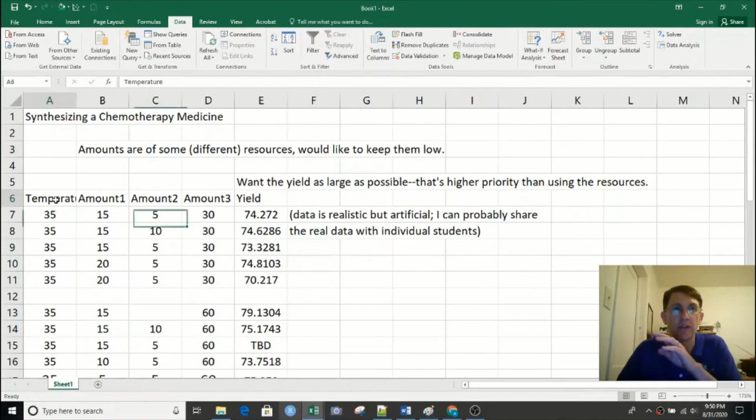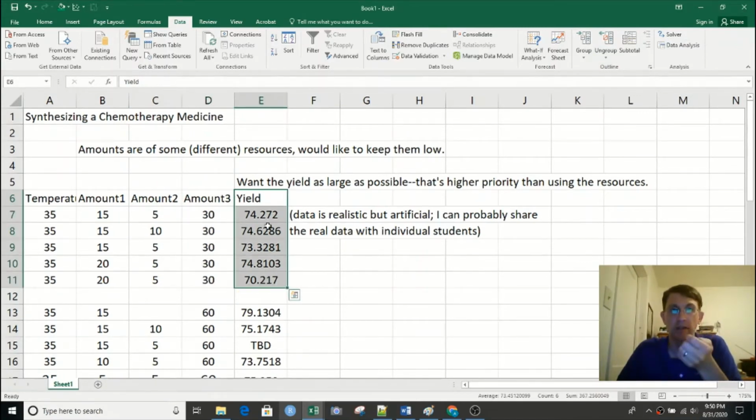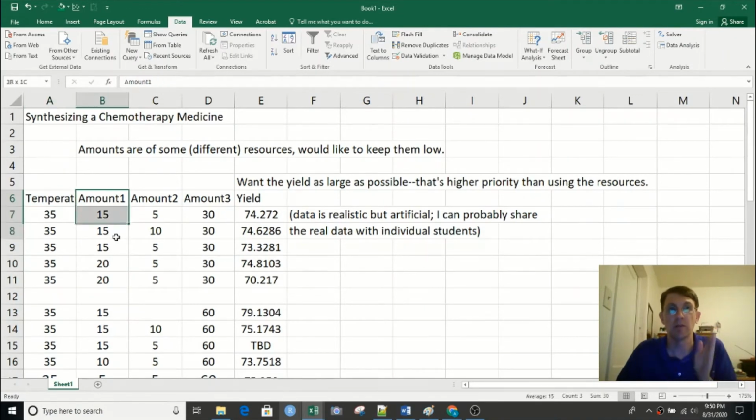So they're saying, let's adjust the temperature, let's adjust the amount we're using of some resources and see what kind of yield we get from the chemical reaction. The yield, the higher the better. So we would like to have an idea of what's the best combination of temperature, amount of this resource, amount of that resource to use to get the best possible yield.